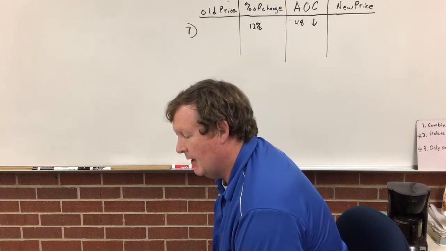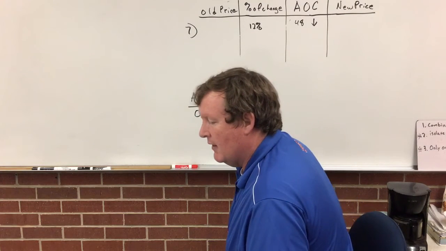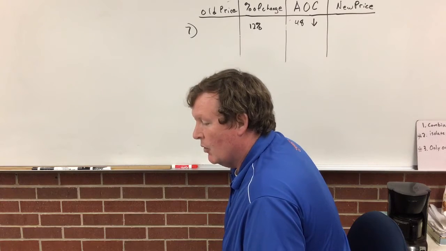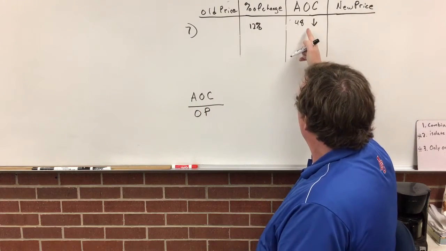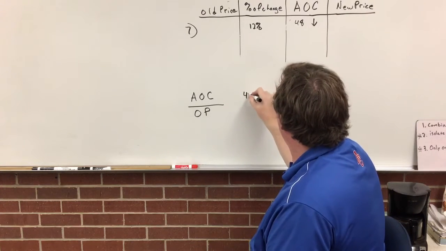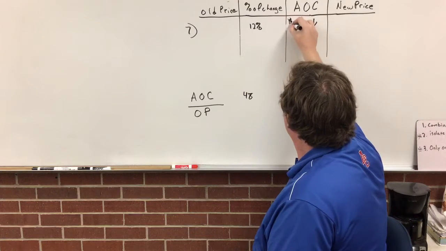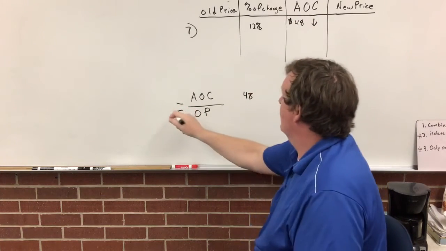We can think about it here, because in order to find out what the old price is, we have the amount of change. That would be $48. I have the percent of change, because that's what amount of change over the old price gives us.